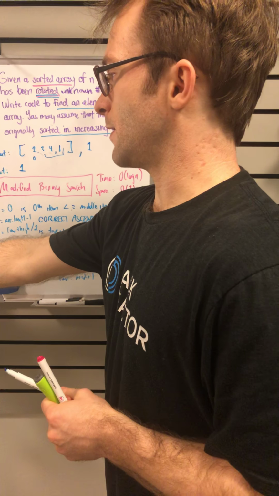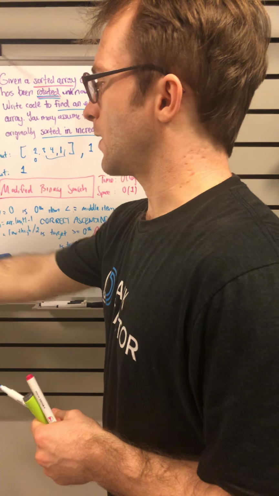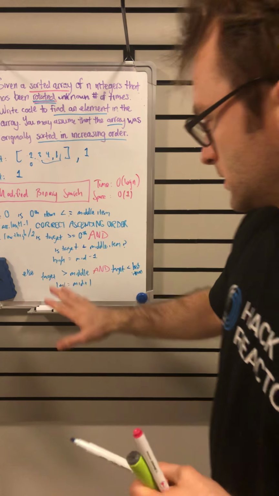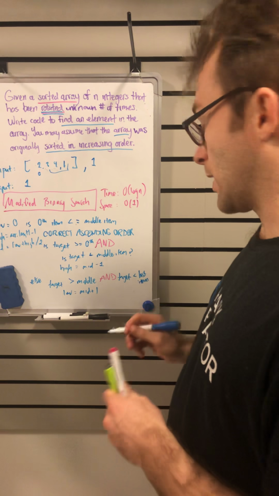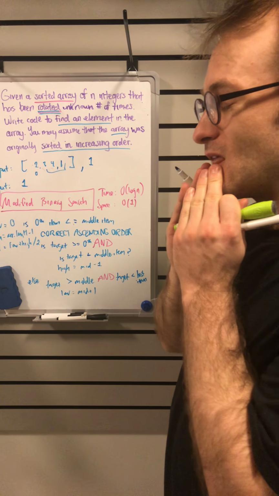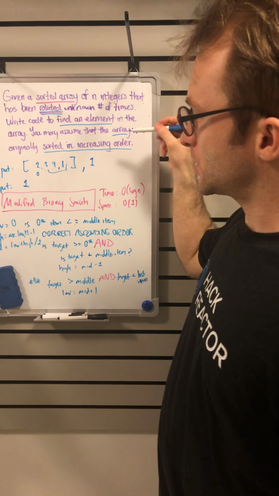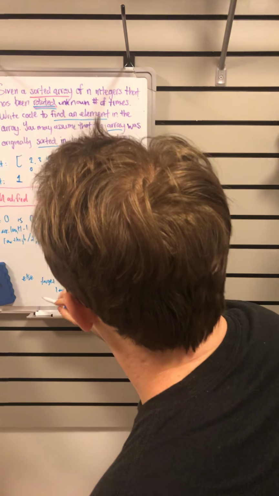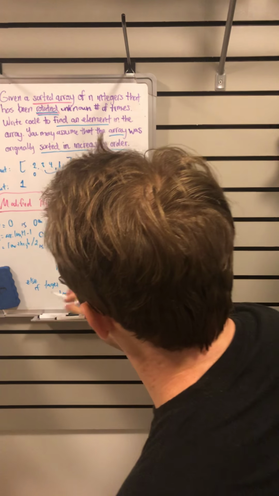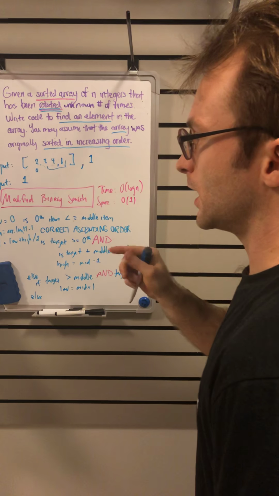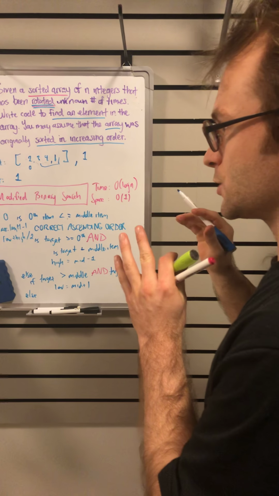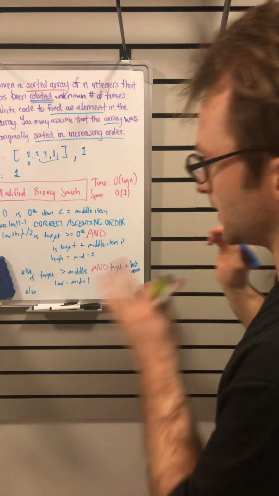Let me turn off the sound so the beep for the timer doesn't go off and startle all of us. So if the target isn't greater than the middle, and the target is greater than the last item, then we want to focus our search to the lower bound. So in that case, if this, do this, else, that's not true. We want to make our range from the 0th item to the mid minus 1.